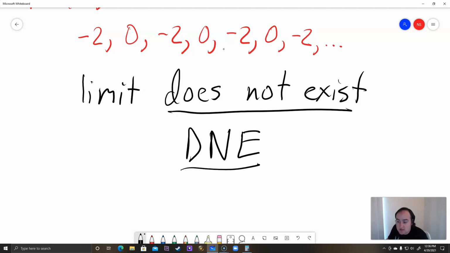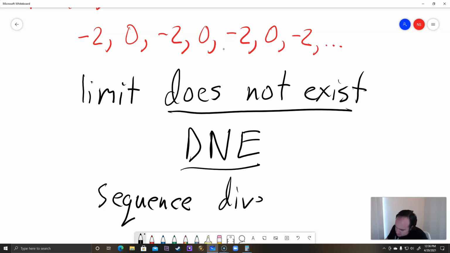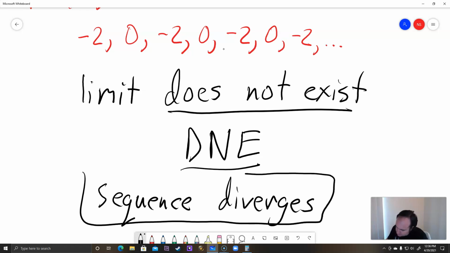So the sequence diverges. Ooh, so that's an interesting one. I'm glad I did that because that probably would throw people off on their homework if I didn't do that one.